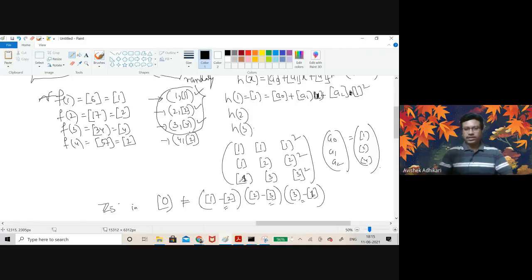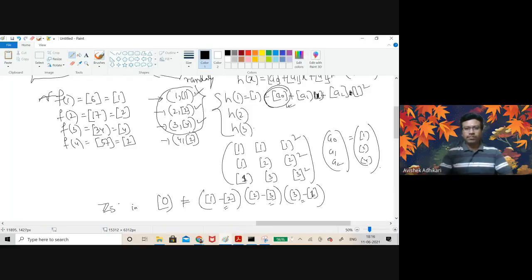That's why this determinant is always non-zero. As a result, you will have the inverse, and this equation will have a unique solution. So you will always find a0, a1, a2. If you get a0, then you are done. Basically, you get the secret.